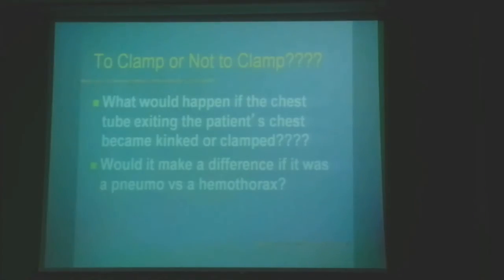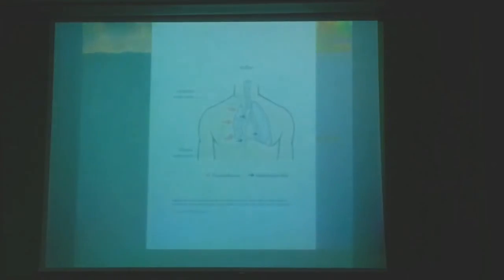So when we put in a chest tube, what are we doing? We are evacuating this air. The lung expands, and the negative pressure is maintained. You see, this is tension pneumothorax here.